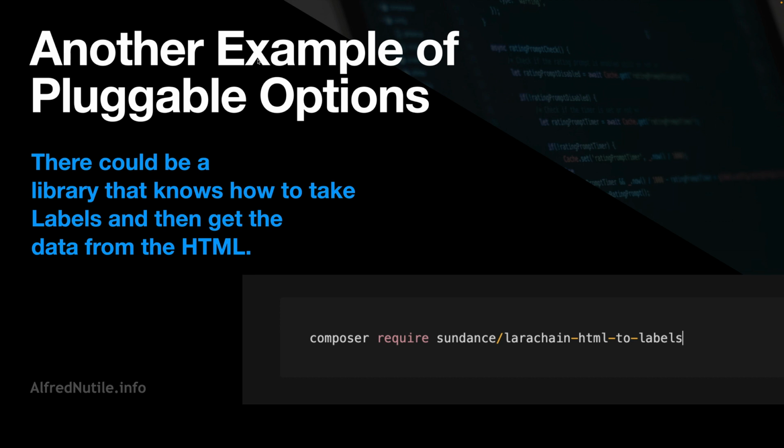I could have maybe installed this library, which does not exist, where it says take these labels and grab them from the HTML, grab them from whatever the content is, the PDF page, whatever. So there's so much to think about here for how you can just do this. And once you install that, you could then use it as part of your process as a data object, or something that can help to unify the flow here.